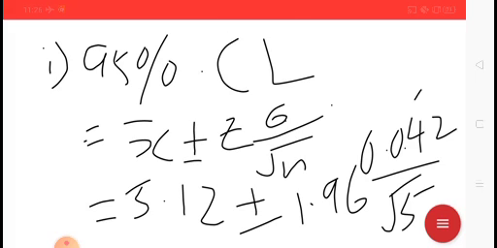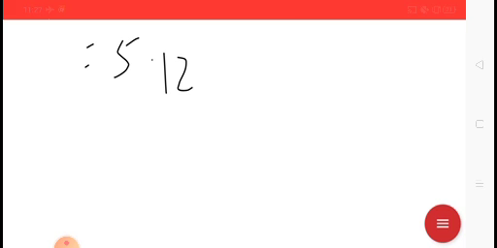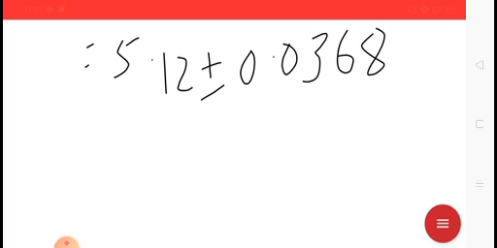If you want to calculate the confidence interval, you should simplify the equation. When you simplify, you will get 5.12 plus minus 0.0368.